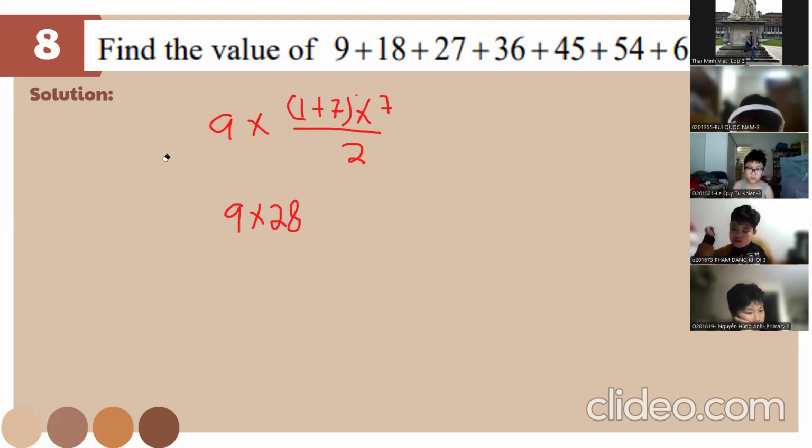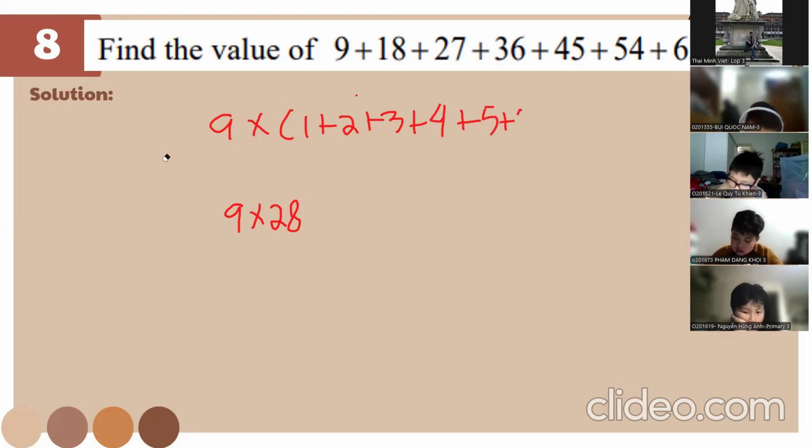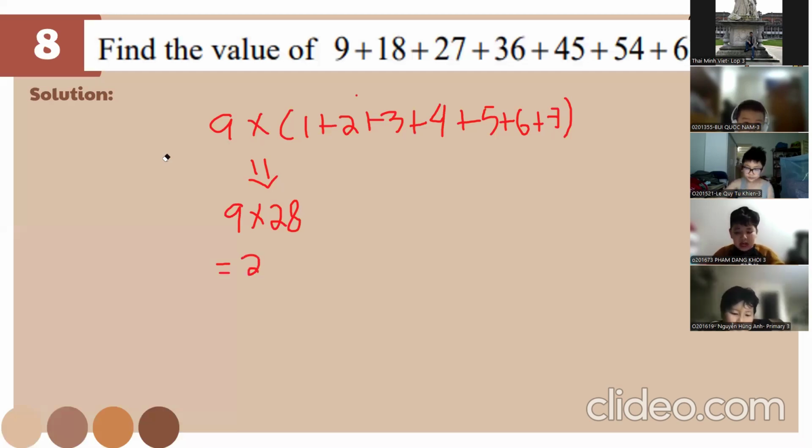I'm sorry. Again, 1 plus 2 plus 3 plus 4 plus 5 plus 6 plus 7. Okay, so this one equates to 9 times 28. And after that, we'll have 252.